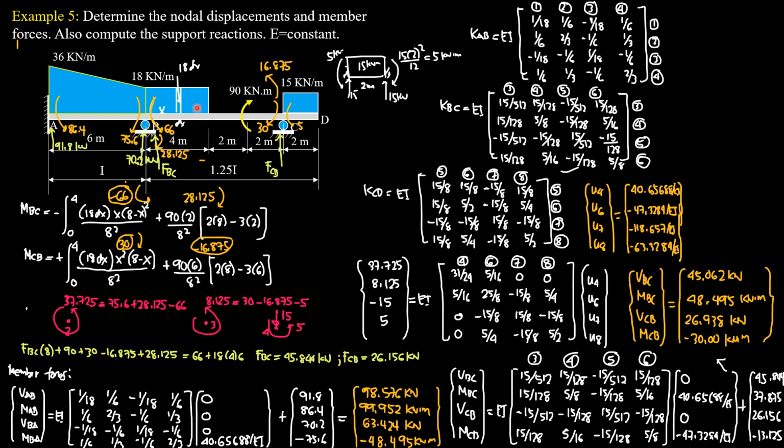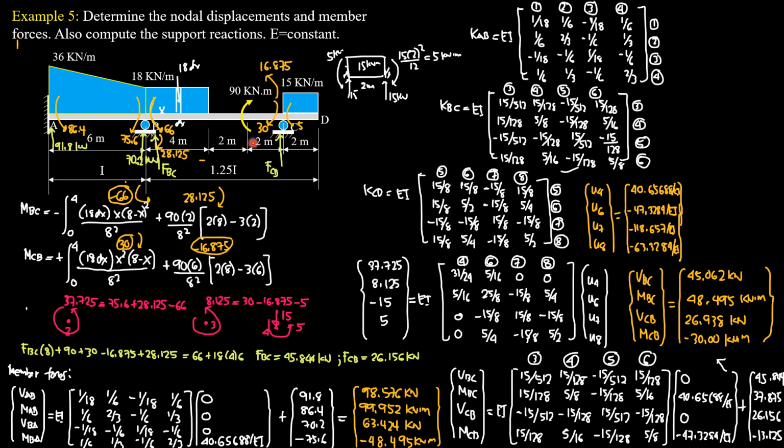Then at node 3, which is C, we have 30 minus 16.875 minus 5. So it is positive, so clockwise, but the nodal load is opposite to the clockwise, so counterclockwise. So 8.125.